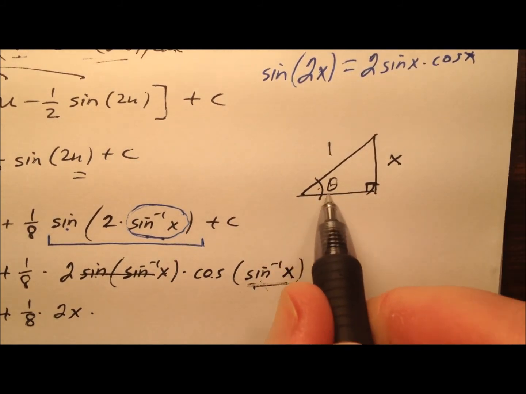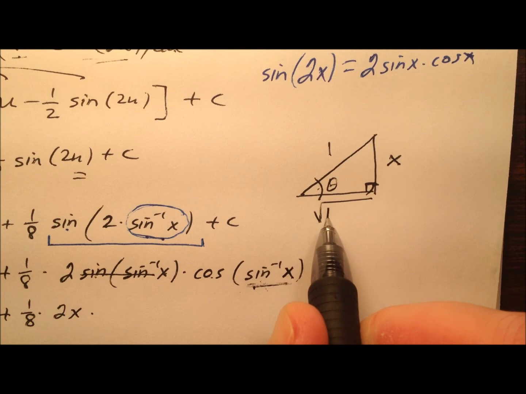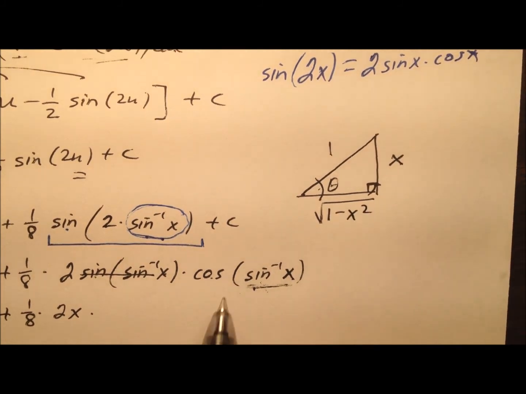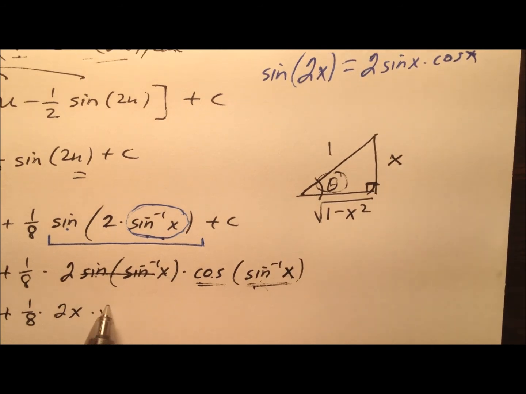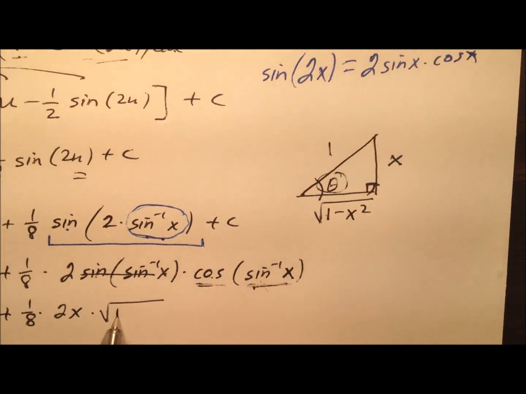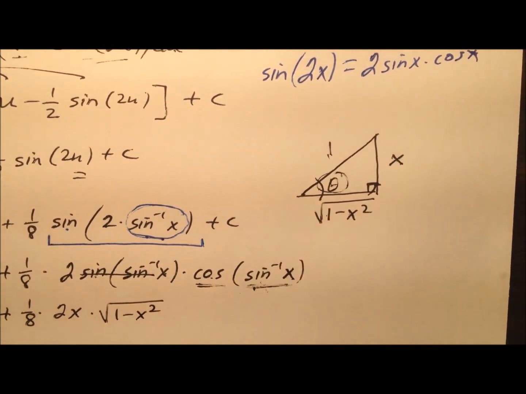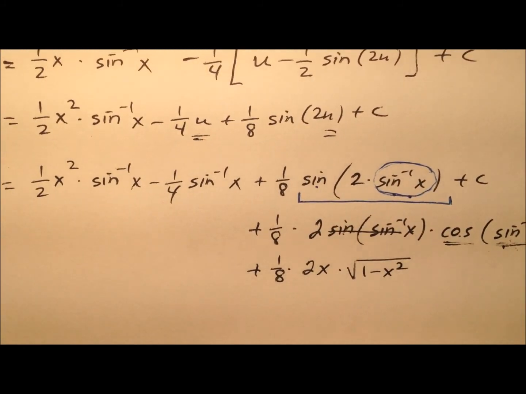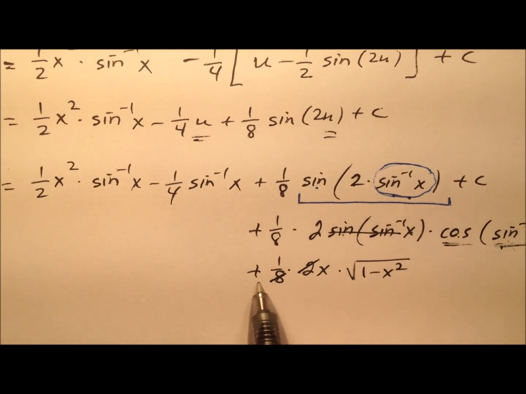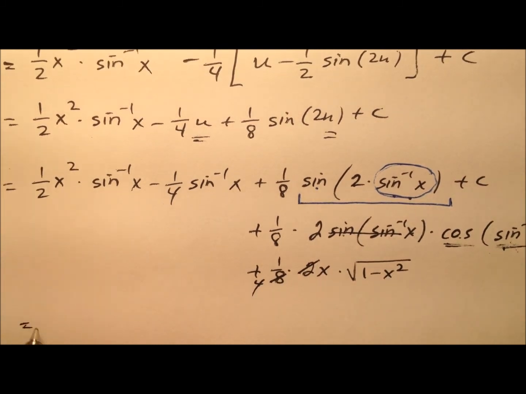So then this other side will be the square root of 1 squared minus x squared. And so cosine of our angle now is going to be the square root of 1 minus x squared over 1. But the over 1 we can just ignore.